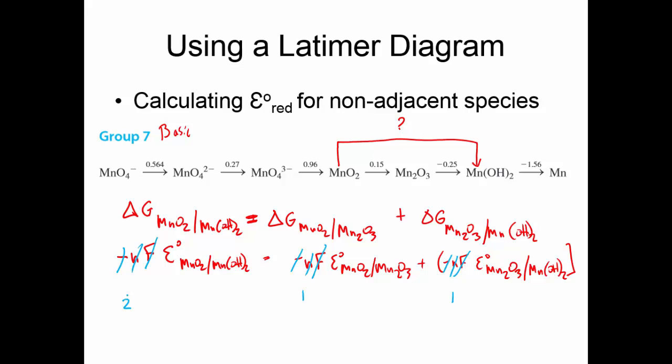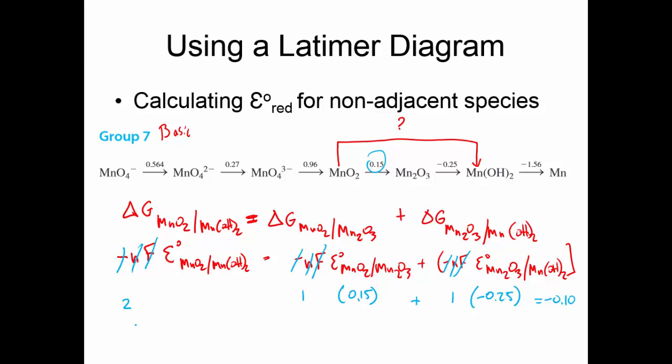So we're left with 2 times the standard reduction potential equals 1 times our known standard reduction potential plus 1 times our other known standard reduction potential. So 0.15 plus negative 0.25 equals negative 0.10. And that's 2 times that.